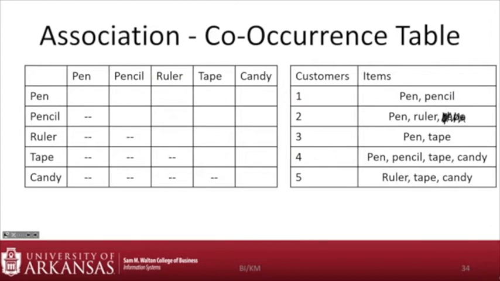So how many times do we have pens? Okay, so we're still happy with that. Okay, 4 pens. How many times do we have tape? So now we have 3 tapes. How many times do we have pen and tape? Got pen and tape here, and pen and tape here. Okay. So now all the numbers are different.